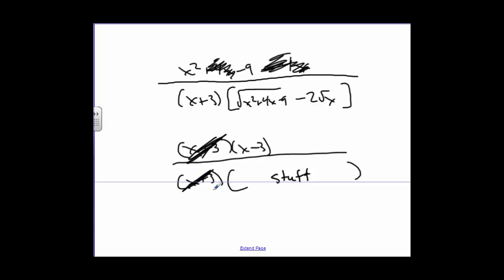My brain is working faster than I can write, and hopefully you're in the same spot here where you go, that x plus 3 is going to cancel, right? So hopefully you can see it, and you can go, I get what you're trying to do here.